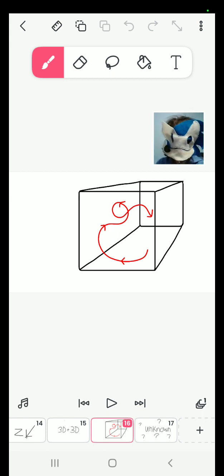So the only way to visualize the fourth dimension is to rotate the cube, and the curve inside of the cube changes direction as you rotate it to get a glimpse of this. It isn't turning with the cube. This is going against the direction of the cube.